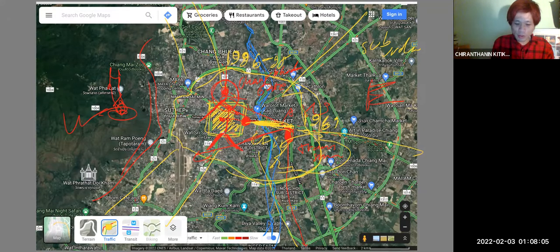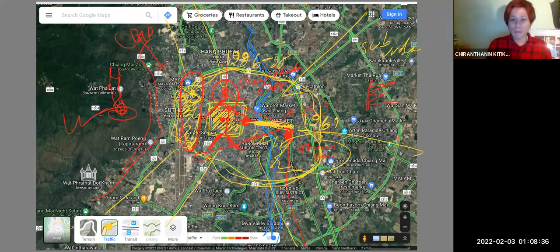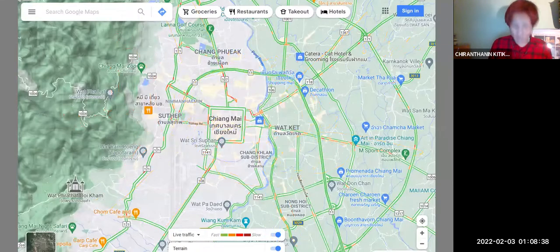Once this circle was created, the Nimmanhaemin and Maya intersection was developed into the modern city. So after 2000, the Nimmanhaemin and Maya area became the new CBD because people used the first circle to come to Chiang Mai, not just come by the train station. Okay, this is the dream of Chiang Mai, but we will talk about the ghosts of Chiang Mai.